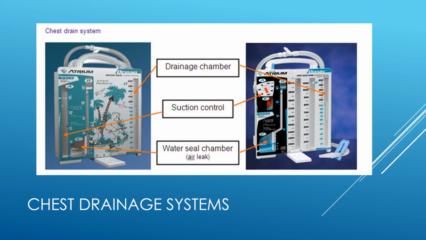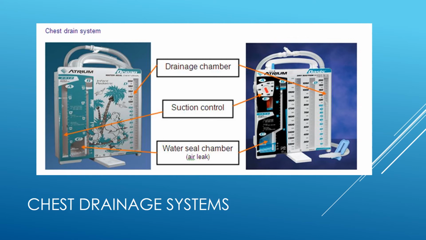One thing that we do not want to see is in this C chamber, which is still part of the water seal chamber. It's just a little square part of it at the bottom. You can see more clearly in the dry suction picture that the C chamber is filled to that little dotted line there with water.